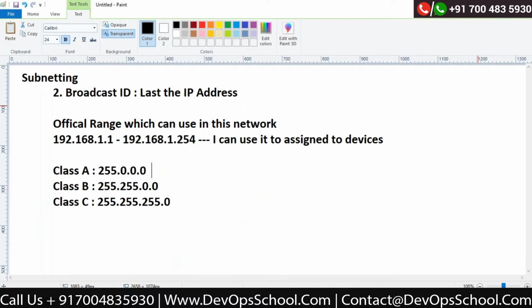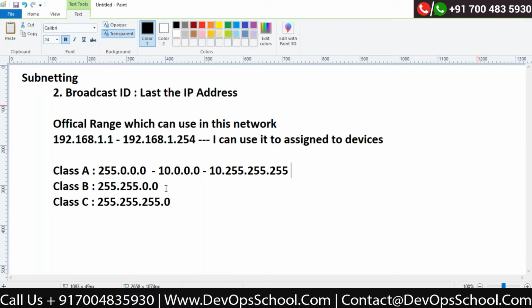If I take the IP addresses of 10.0.0.0, how far would I go? 10.255.255.255. Correct. So what is my network ID? 10.0.0.0 is my network ID. And what is my broadcast ID? 10.255.255.255. Anything in between would be considered usable numbers which I can connect to my devices.